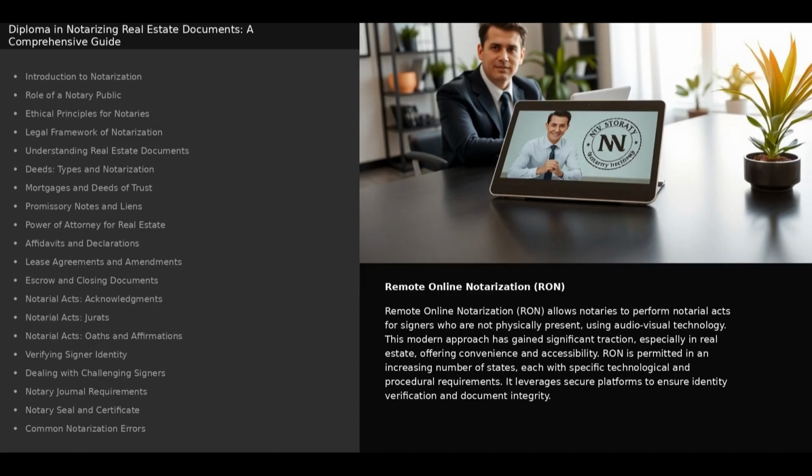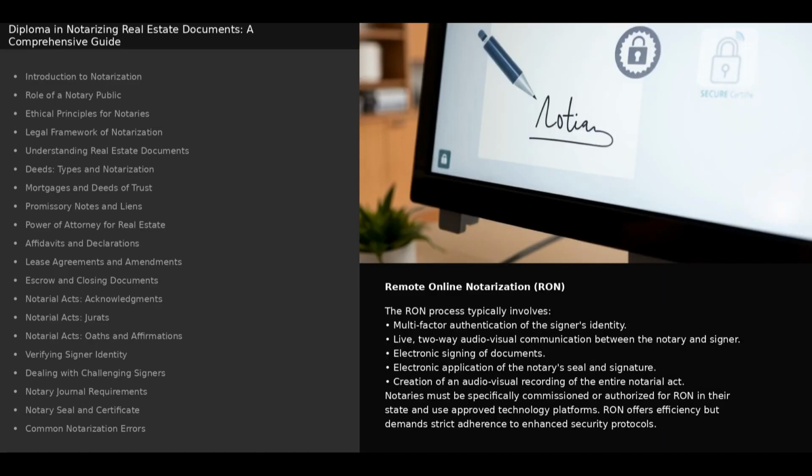It leverages secure platforms to ensure identity verification and document integrity. The RON process typically involves multi-factor authentication of the signer's identity, live, two-way audio-visual communication between the notary and signer, electronic signing of documents, electronic application of the notary's seal and signature, creation of an audio-visual recording of the entire notarial act.